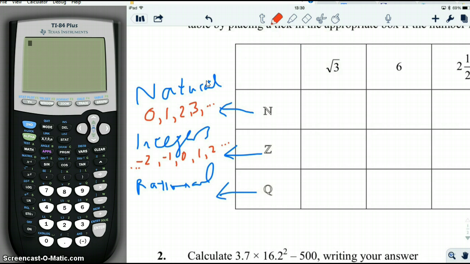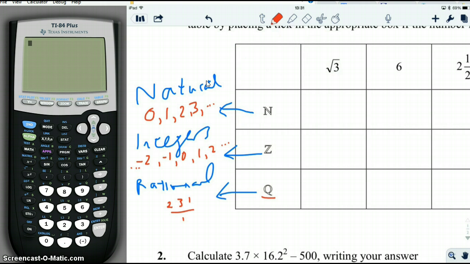What about rational numbers? Rational numbers are what you get when you divide two integers. So if you have a rational number, you can always express it as a quotient or a division. That's where the Q comes from. And don't be confused, because any whole number can also be expressed as a quotient.